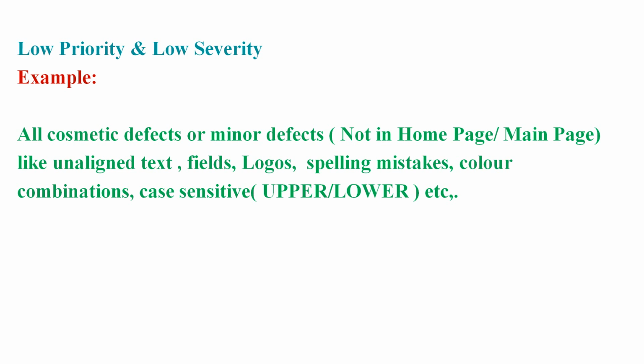That is important. For example, spelling mistake. I am taking one example, spelling mistake. So in this home page or in the main page, according to the client requirement, there should be a text called welcome or welcome all. This should be displayed as soon as the user enters the home page of this particular application.